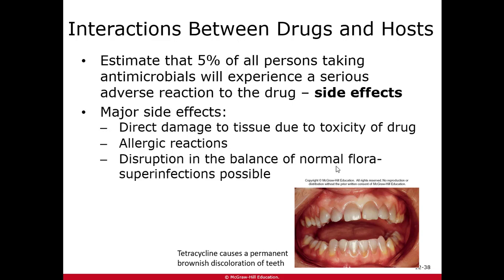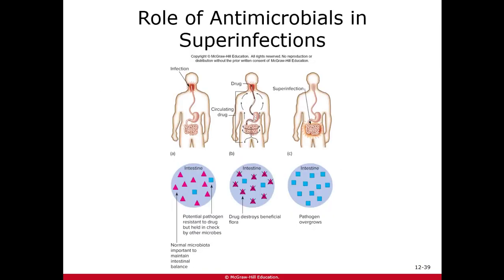This is just showing an example: you have lots of different organisms in your intestine, so many bacteria in your intestine. However, when you take a broad spectrum antibiotic, again, we start killing the good bacteria in there.